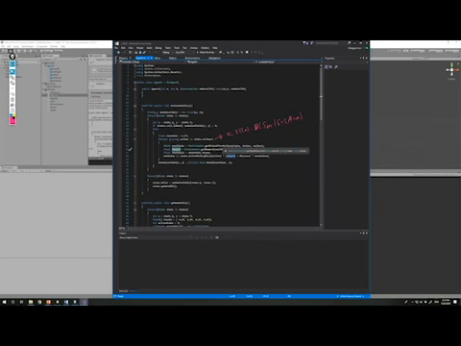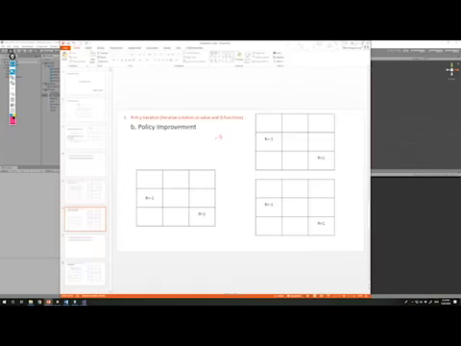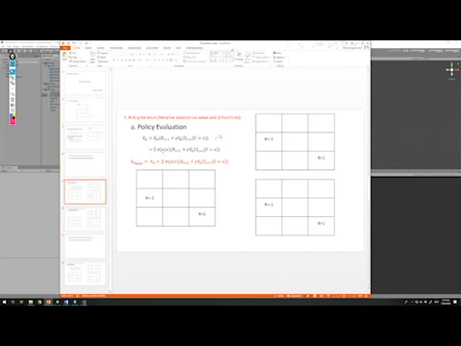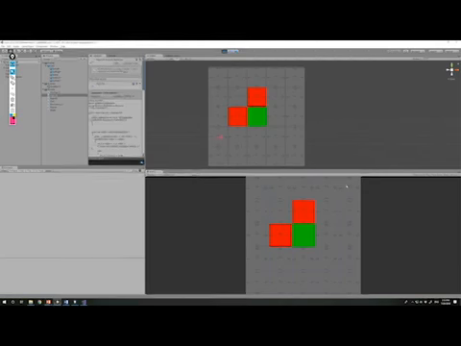Oh, I wrote this incorrectly. What's our equation here? So that's our reward, yes.